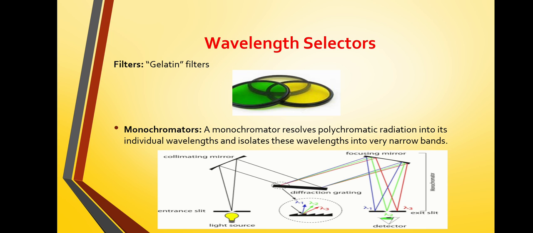The next component of monochromator is the focusing mirror. The focusing mirror is used to focus the light coming out from the prism on the sample.